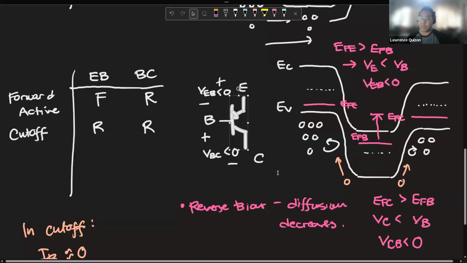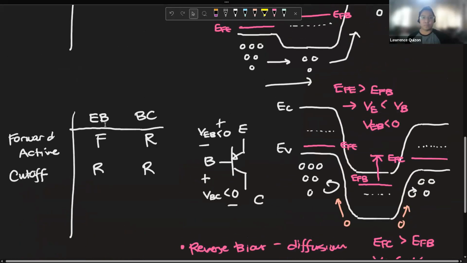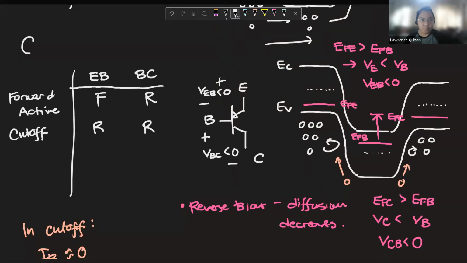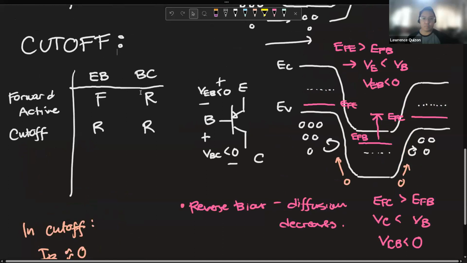So this is an open circuit. So that was cutoff.